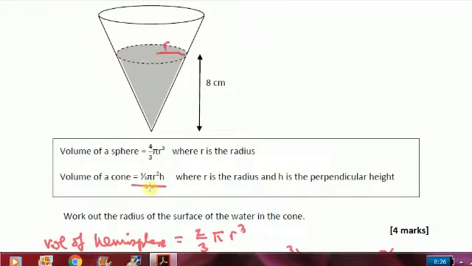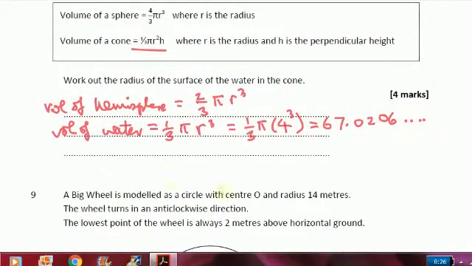So now we're working out the radius of the cone. We know that this is the formula for the volume of a cone: 1/3 pi r squared times the height, which is 8, must equal the water, which we know is 67.02... Once again, use the full accuracy with your calculator.